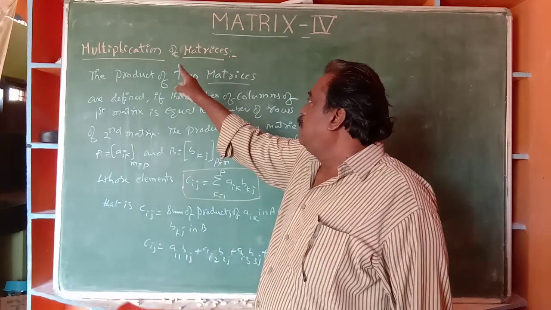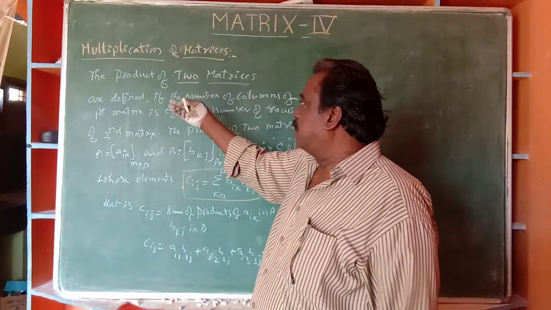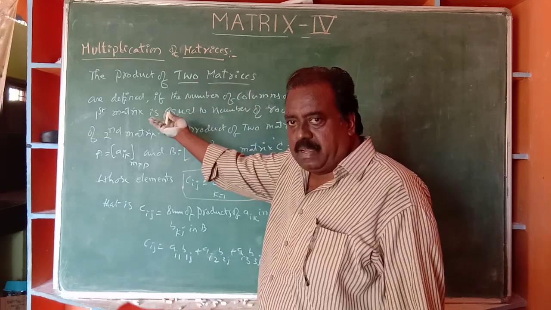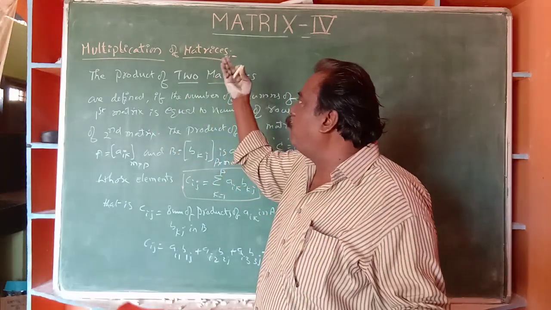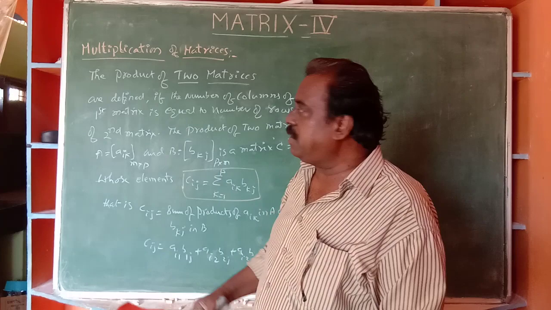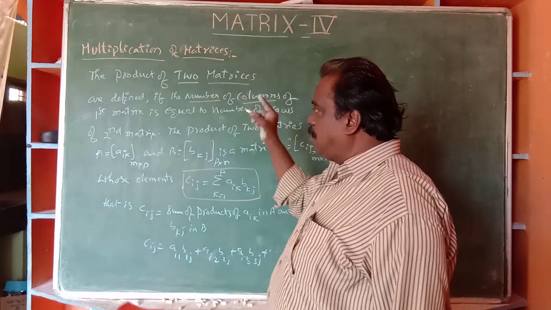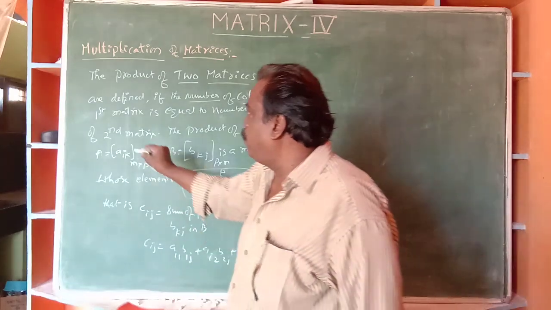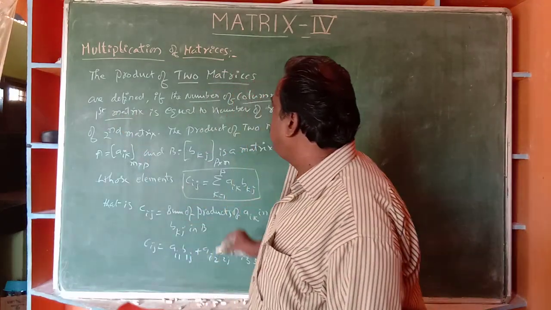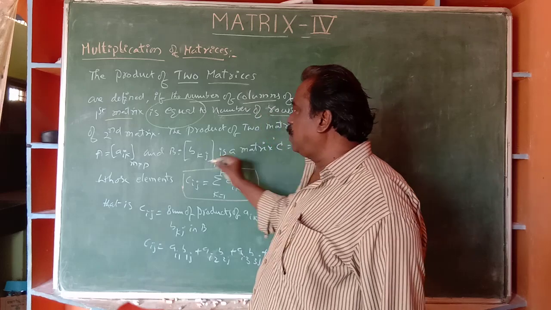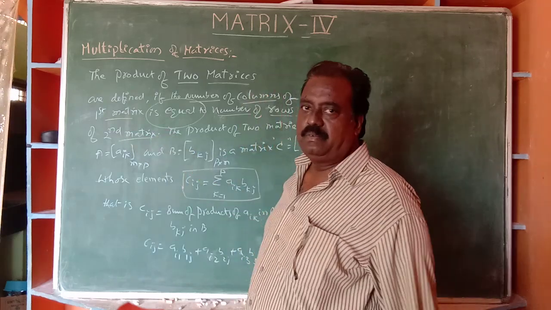The product, that means multiplication, of two matrices is defined. First of all, the number of columns of the first matrix, this is important, must be equal to the number of rows of the second matrix.